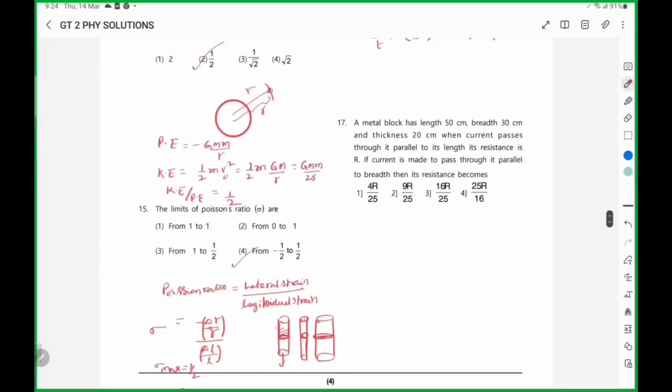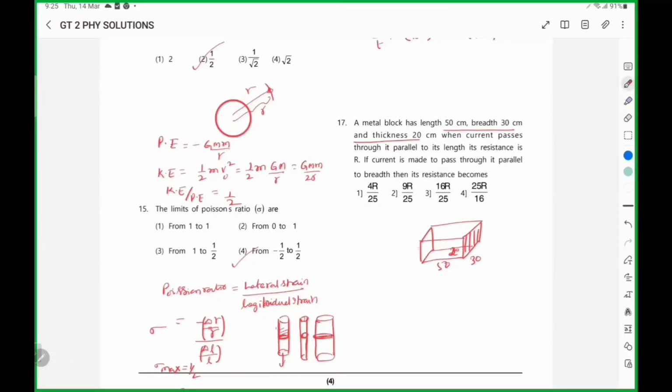A metal block has length 50 centimeter, breadth 30, and thickness 20.